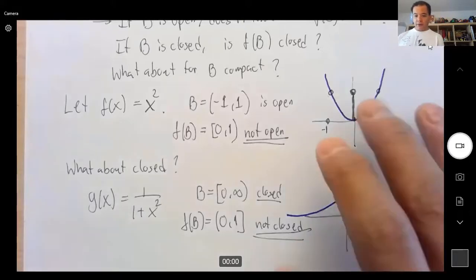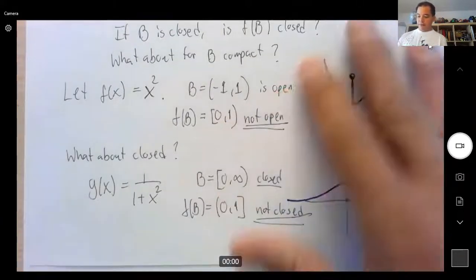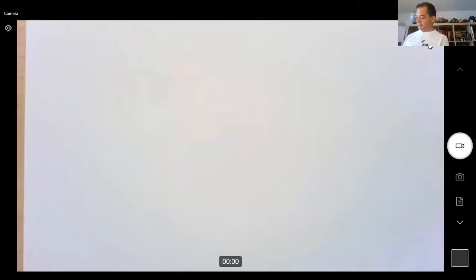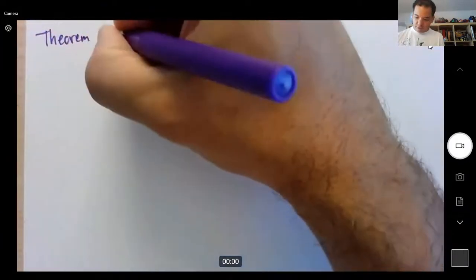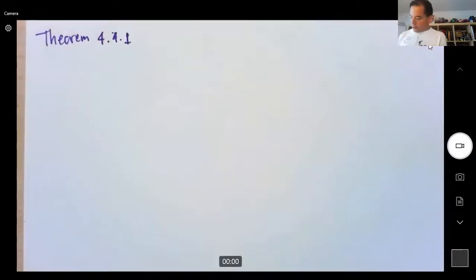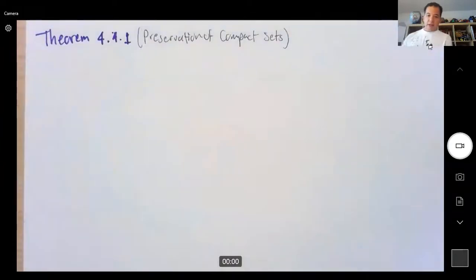And so the first result of its kind will be this one, Theorem 4.1, which in the book is called Preservation of Compact Sets. And this is what it says.